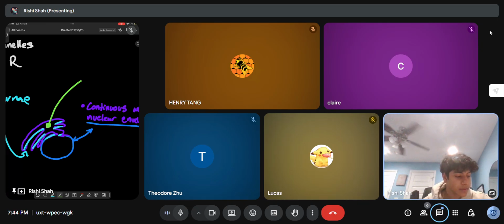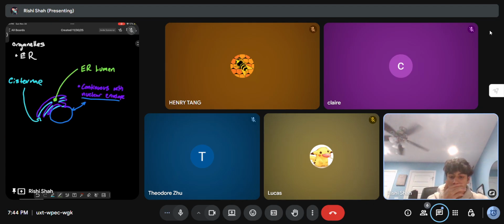Okay, I'm going to give it away because we low-key need to rush a little. It's called the ER lumen. So now you have your basic parts: you have your lumen inside the ER, you have your cisternae, which are the stacks inside the ER, and then you have your actual phospholipid membrane, which is continuous with the nuclear envelope, and that's the endomembrane system.